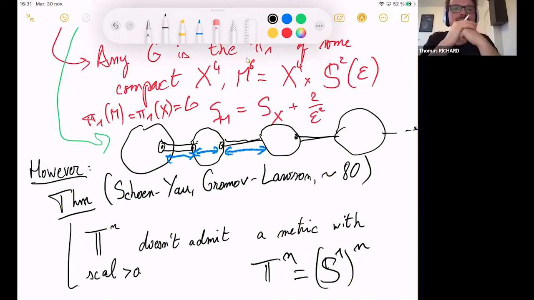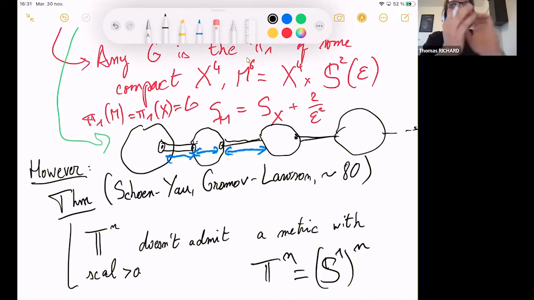We'll see one way to prove it at the end of the talk. So we are going in the good direction. The manifold cannot be too big from a topology point of view. Tn has a lot of topology, and it cannot have positive scalar curvature.